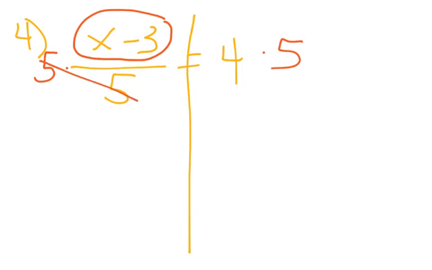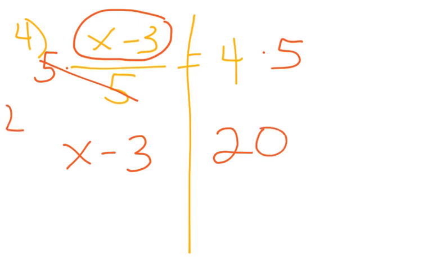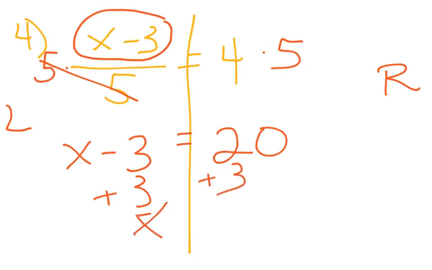That'll get rid of the denominator and leave the numerator where the x was, and 4 times 5 is 20. Remember, you got to do it to both sides, both the left and the right side of the equation, to keep it balanced. Now the opposite of subtract 3 is add 3, so x is equal to 23.